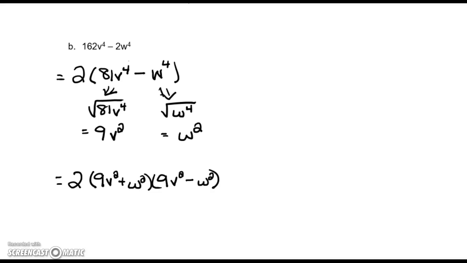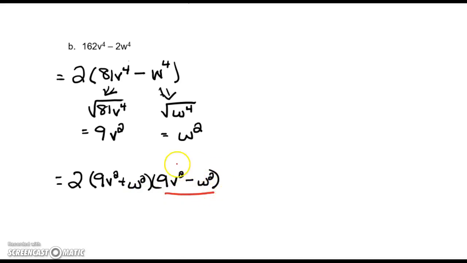One thing I want to draw to our attention, though, is that this is not fully factored. If you look at this second set of brackets, you'll notice that 9v squared minus w squared is also a difference of squares, which means we can keep going. The 2 and the 9v squared plus w squared are fully factored, this is done.